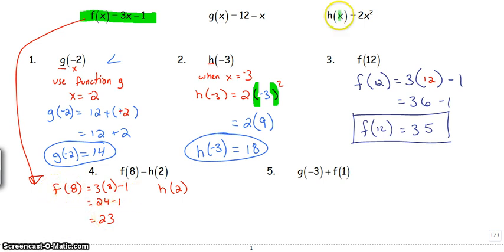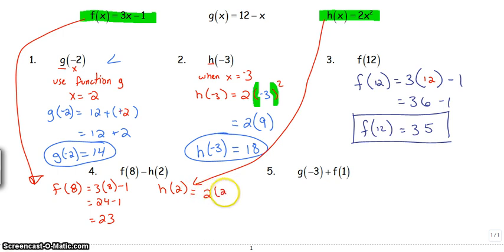I use this function h of x to find h of 2. So it's 2 times 2 squared. First thing I do is 2 squared. That's 4. So 2 times 4 is 8. So I know that the function h of 2, so the function h when x is 2, is 8.